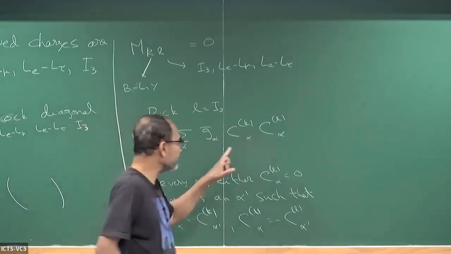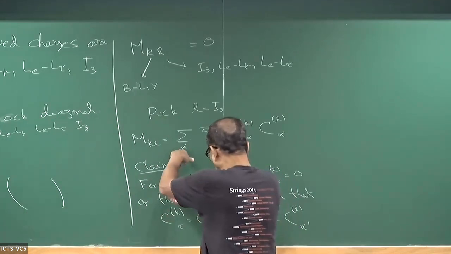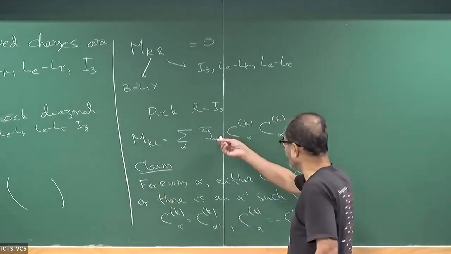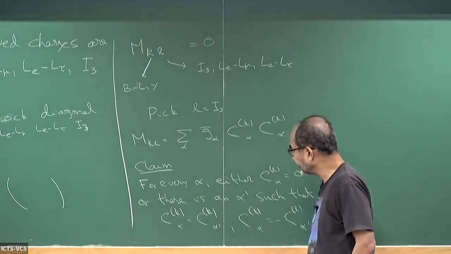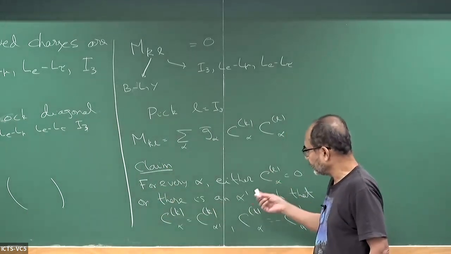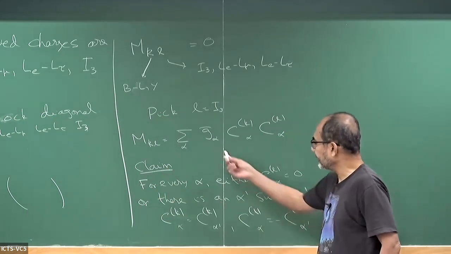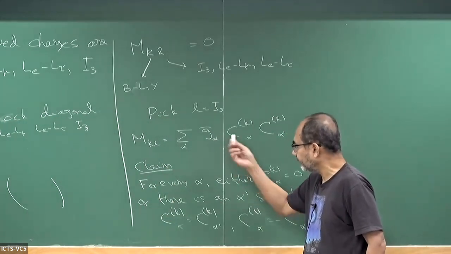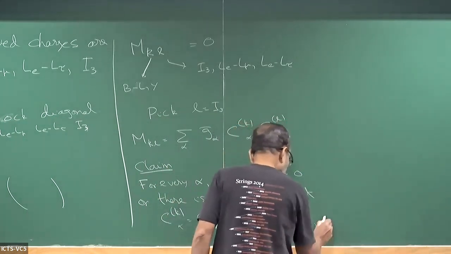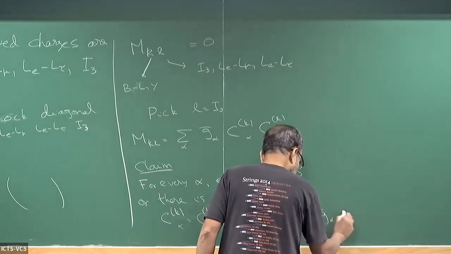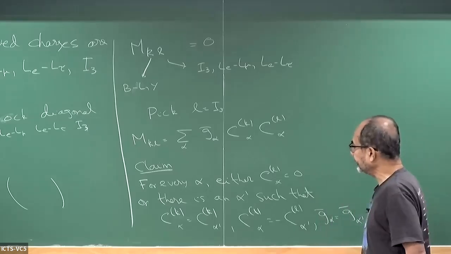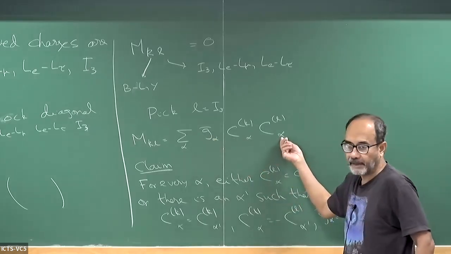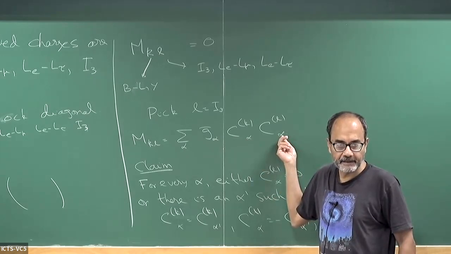Then if the first case holds, C_L alpha is 0, of course it doesn't contribute to this. If the second case holds, that C_L alpha is not 0 but this property holds, then you can clearly see the contribution from alpha, and I should also say G bar alpha equals G bar alpha prime, then the contribution from alpha and alpha prime cancel, because they will differ by sign.